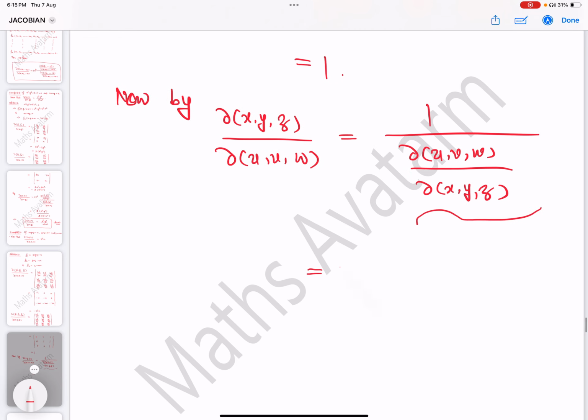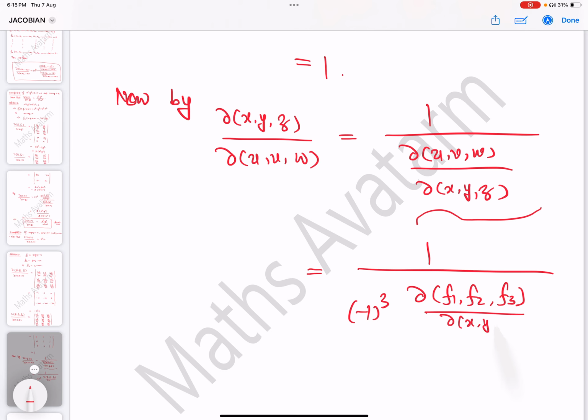This formula is nothing but 1 upon minus 1 to the power 3, del (f1, f2, f3) upon (x, y, z) over del (f1, f2, f3) with respect to (u, v, w).